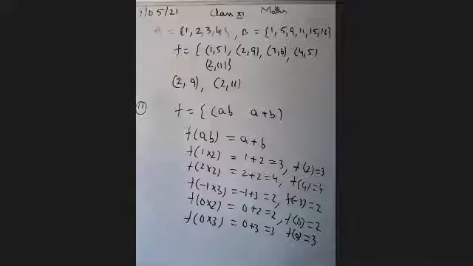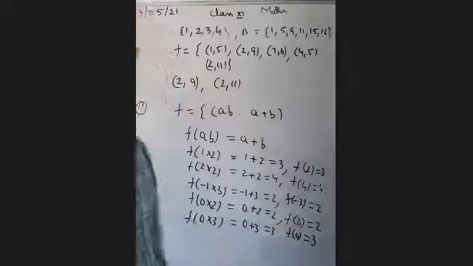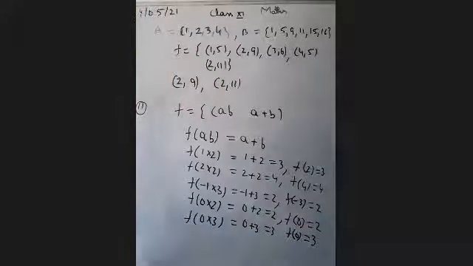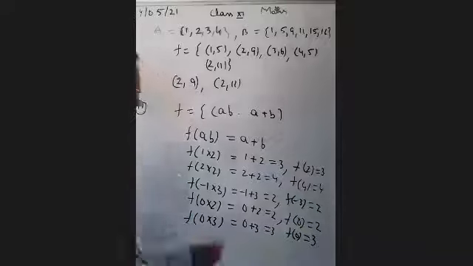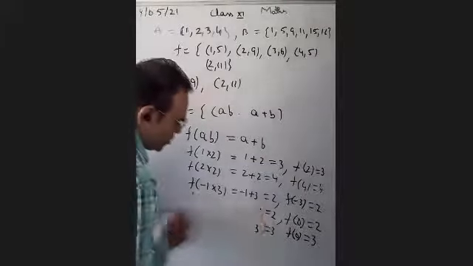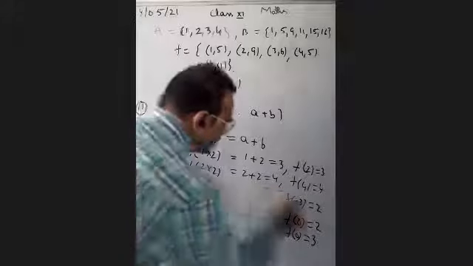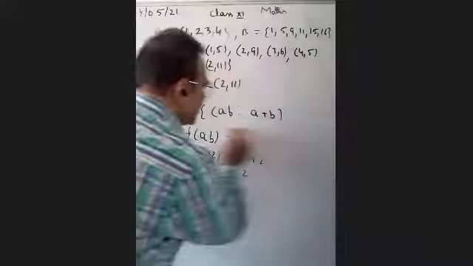That's why it is not a function. The same element has two or more different images, so it is not a function. Okay? Because the same element, 0, has different images, so it is not a function.